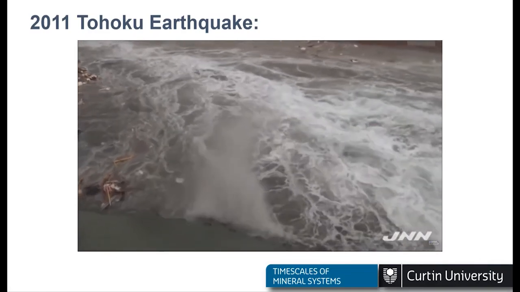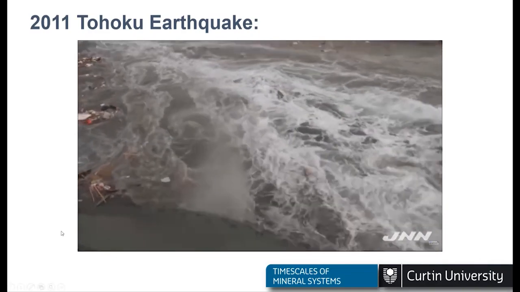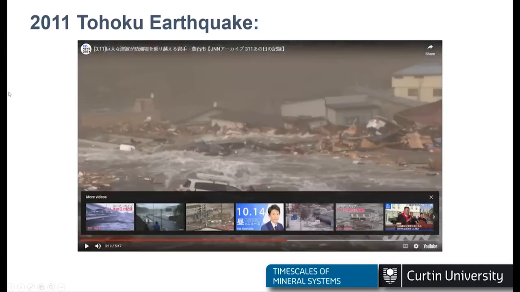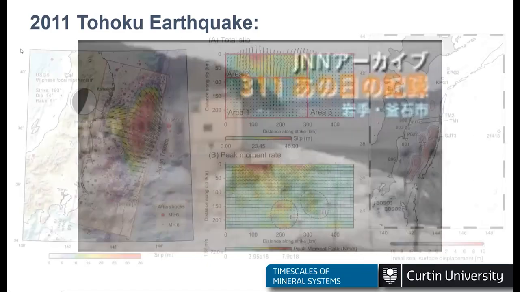They've just been completely wiped out. I'll stop it there, because that's the main point that I wanted to get across by showing that, which is that these things are incredibly destructive when they happen.